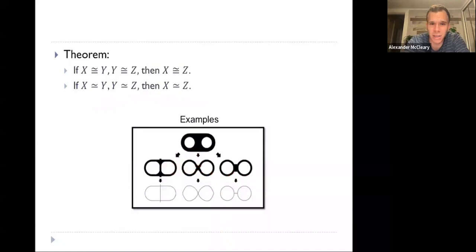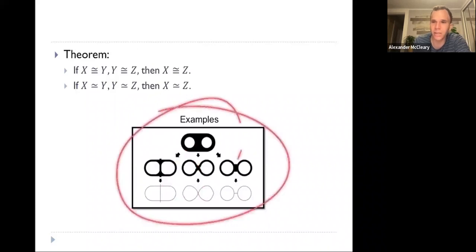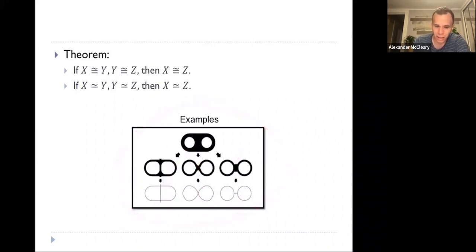So one consequence of this is that since all homeomorphisms are homotopy equivalences, we can go from here to here to here to here to here. So these two have to be homotopy equivalent, and same thing, these two have to be homotopy equivalent. And so really all of these are homotopy equivalent, and these are all homeomorphic.